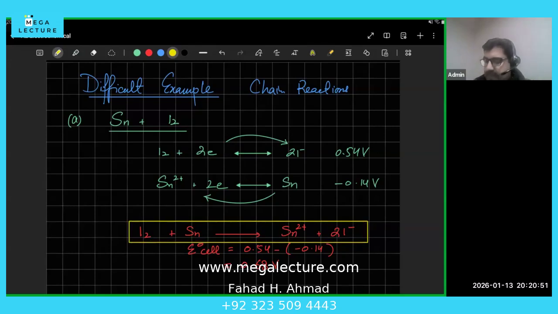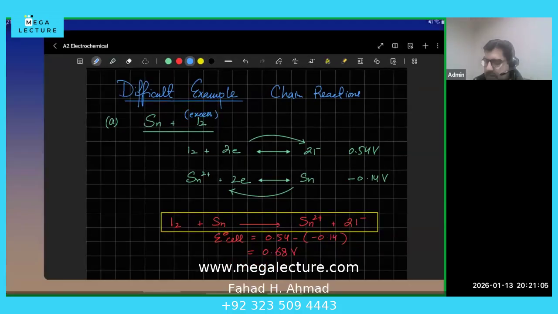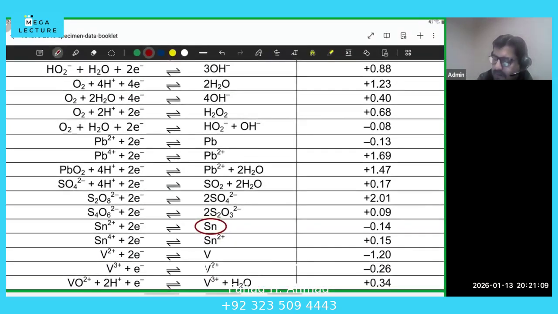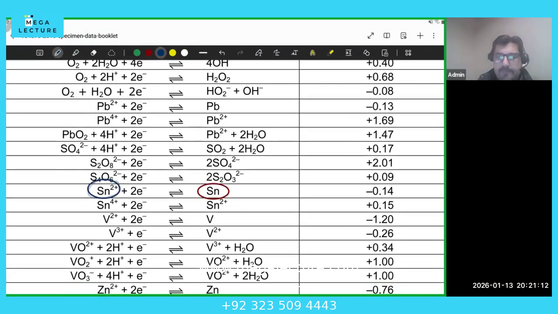Because the trouble is, tin has now been oxidized to tin 2 plus. Or let's say there's an additional information in the question that this is in excess. So now, if you have a look at the data booklet, where tin 2 plus is formed, right? But the problem is that tin 2 plus can further be oxidized to tin 4 plus as well. I mean, that's a possibility.